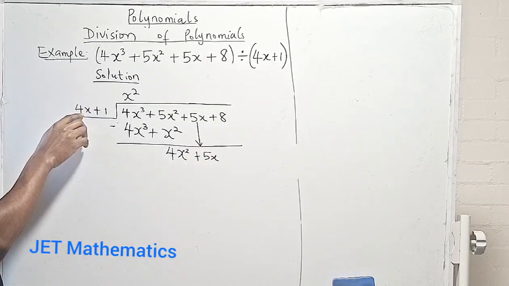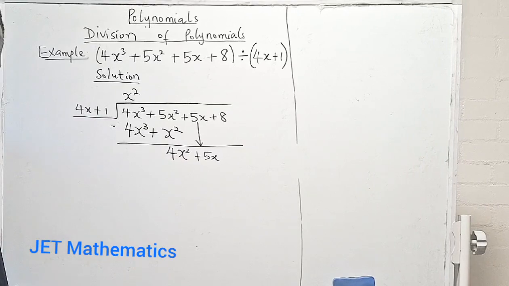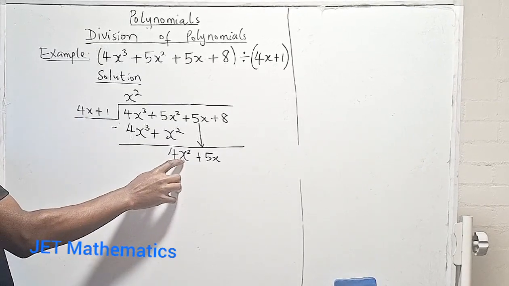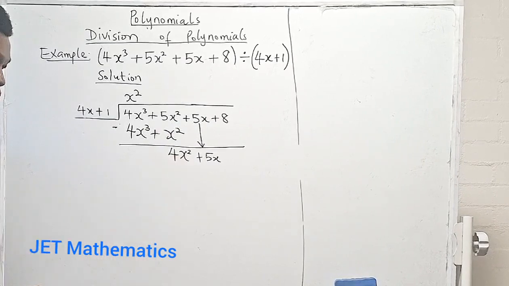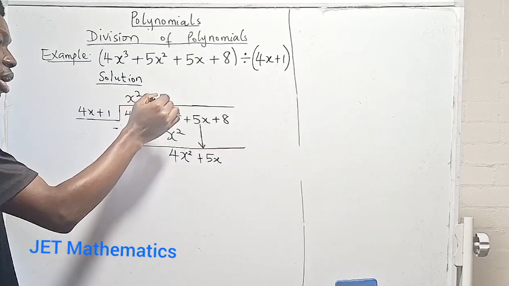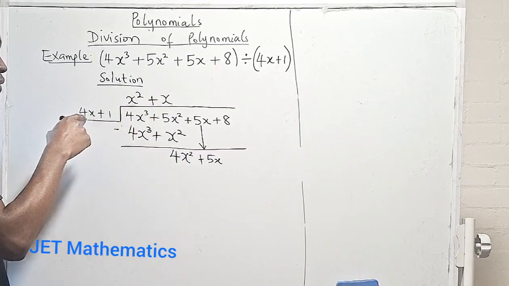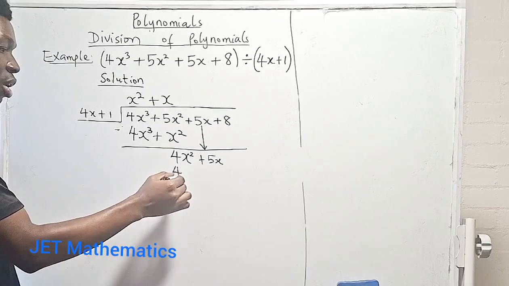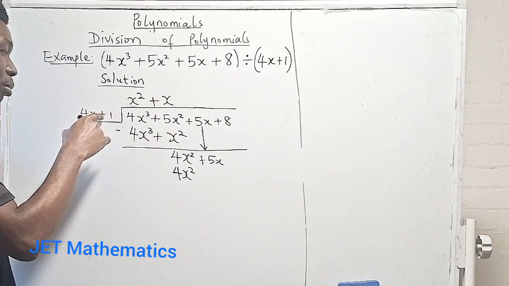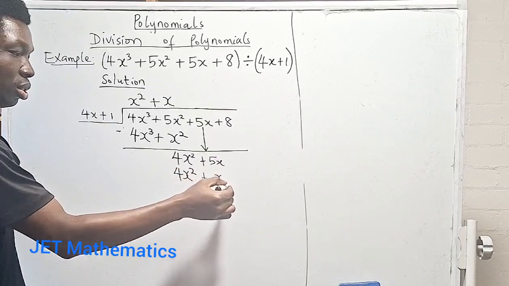What can I use to multiply 4x that will give me 4x squared? So obviously we can use x to multiply 4x. So x times 4x gives us 4x squared, and then x times 1 gives us x.